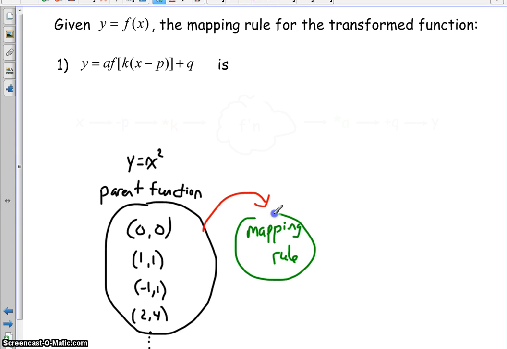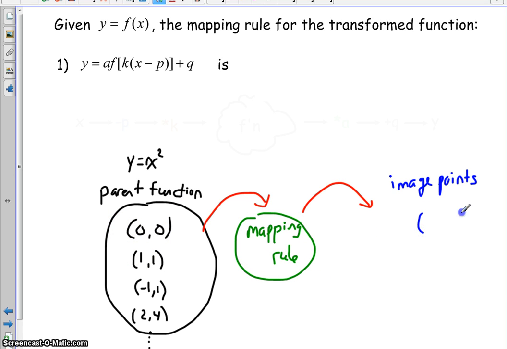Algebraically, that will then spit out something that we call image points, which is basically saying, okay, the point (0, 0) underwent all these transformations, where does that point wind up?